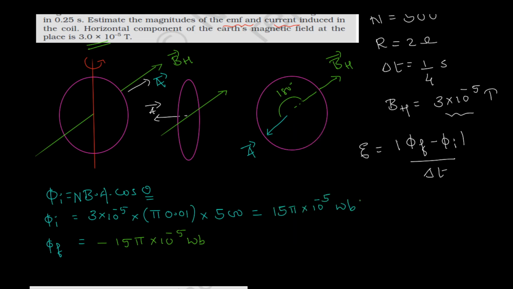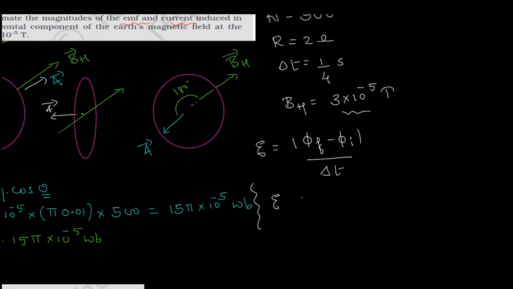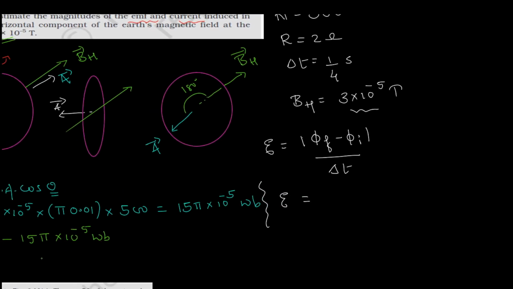So now let's calculate this. EMF is final flux, which is minus 15 into 10 to the minus 5, and initial flux, so minus of this will become plus only, right? So you'll actually be adding them. So your total change of flux would be 30 pi into 10 to the minus 5 Weber divided by time taken, which was actually 0.25 seconds, so which is 1/4, right?